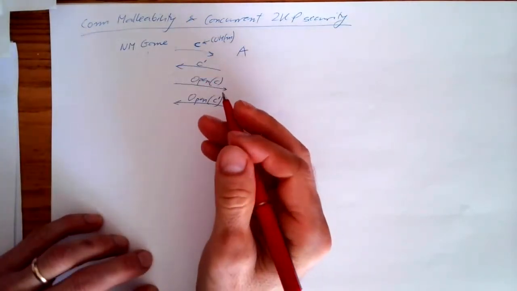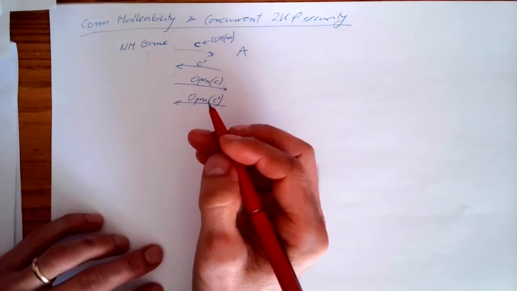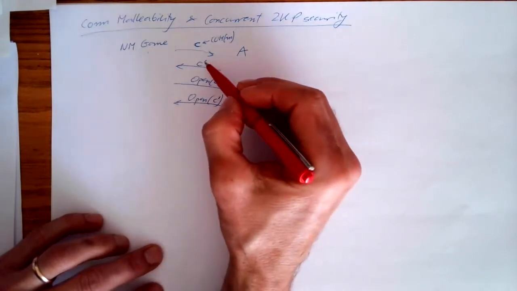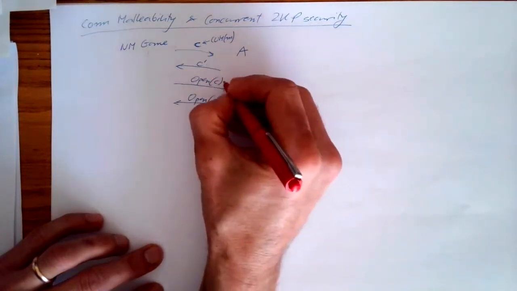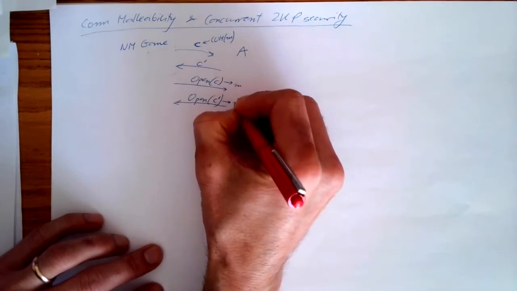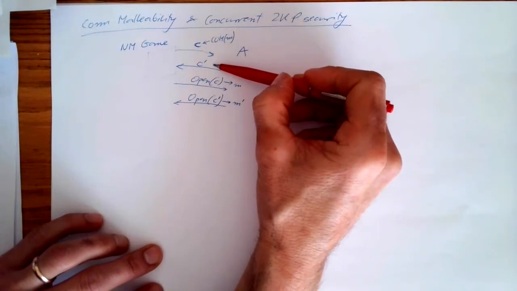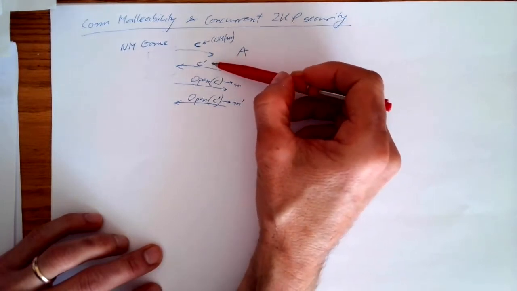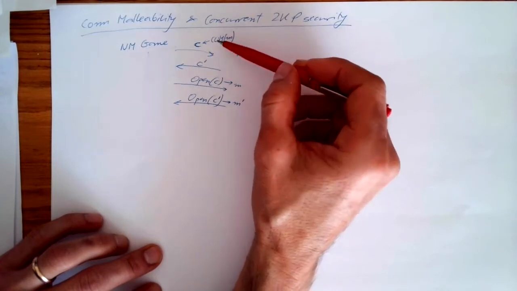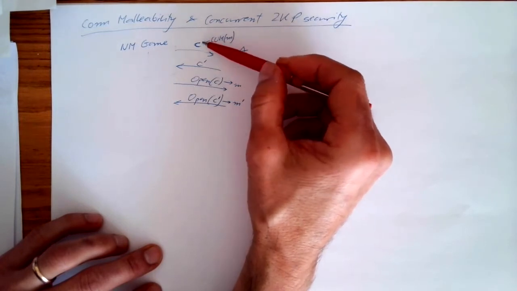Two questions. Was A committed to some value in C prime? So this was opened to M, and this was opened to M prime. Was A committed to M prime at this point? Could C prime be a function of C?